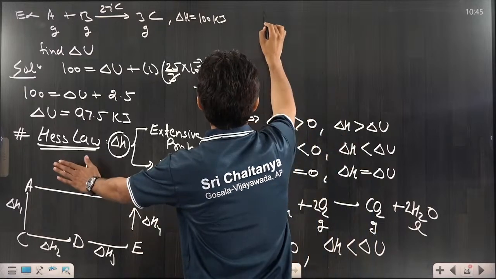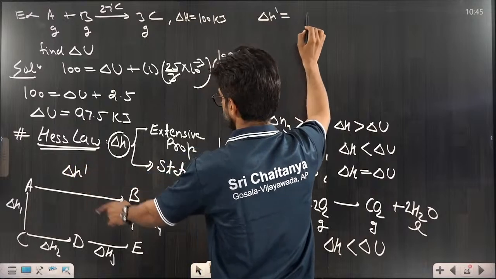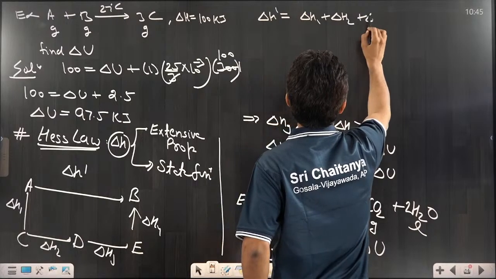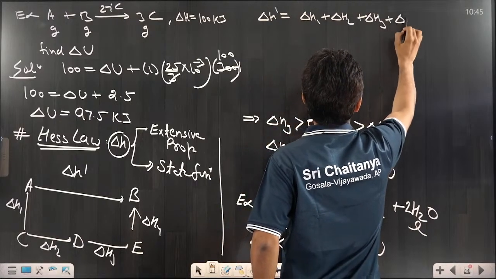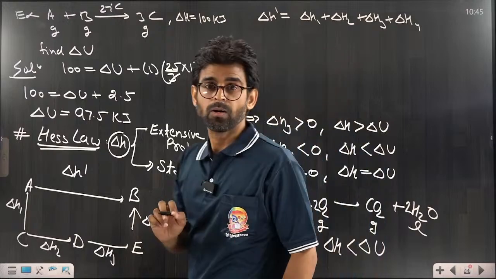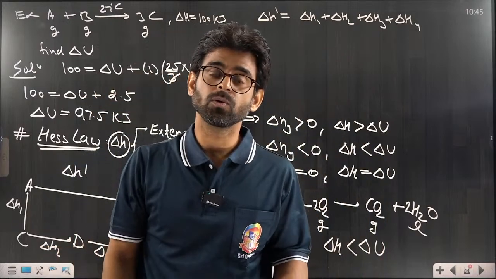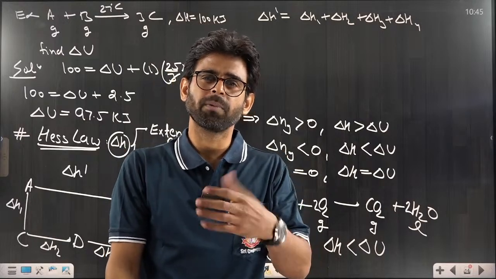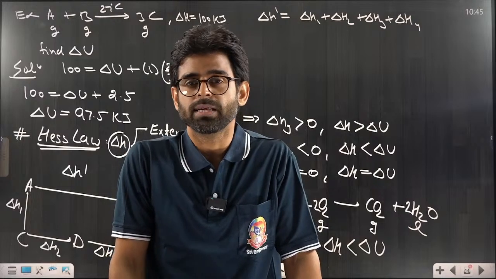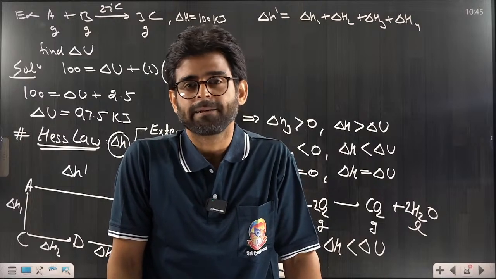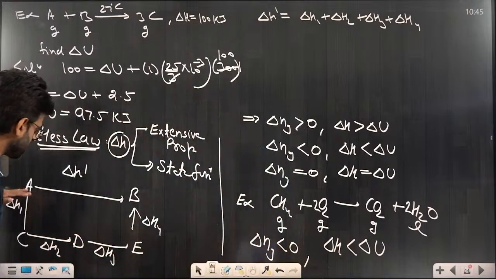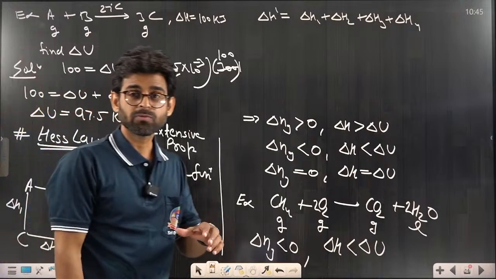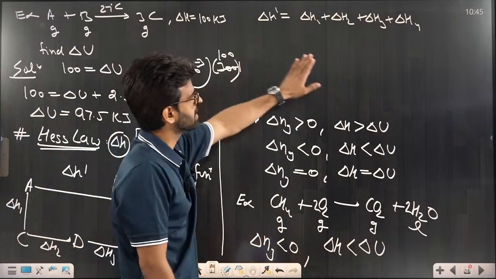So I can say delta H dash is equal to delta H1 plus delta H2 plus delta H3 plus delta H4. How can I say this? Because it is a state function. Enthalpy change will not depend on the path you are choosing. If you go by the direct path or by some other path, the delta H value will come the same. Because of this property only, I am able to write this.